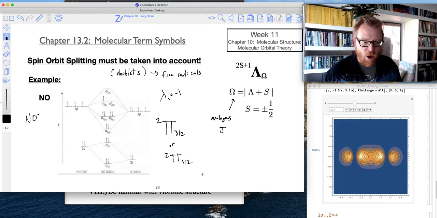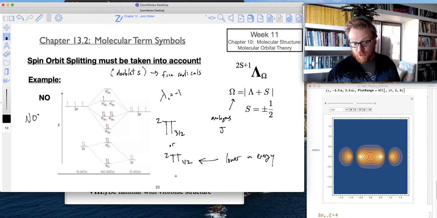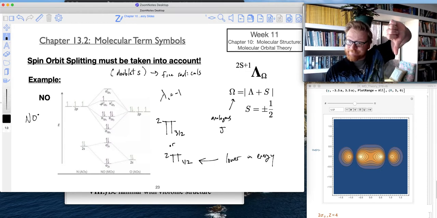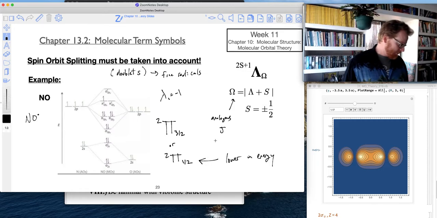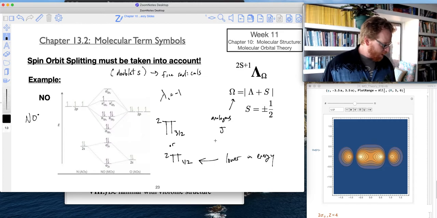As it turns out, the doublet pi 1/2 is lower in energy for NO, so that creates its ground state. However, if we flipped the spin on that electron, that would make it the doublet pi 3/2 state, which would be an excited state. It would be slightly higher in energy, which is kind of cool.